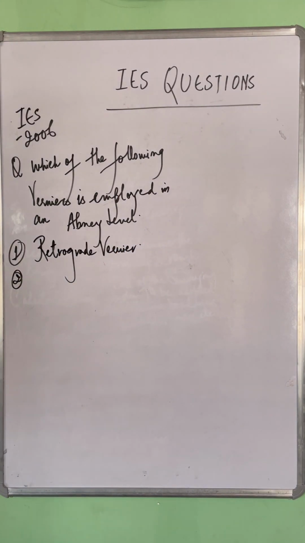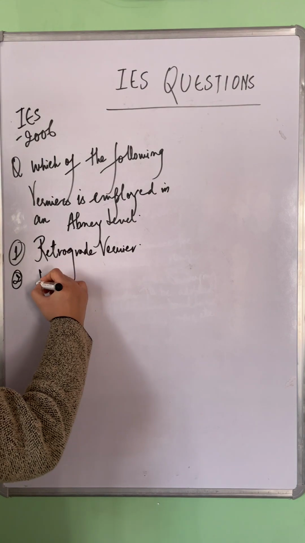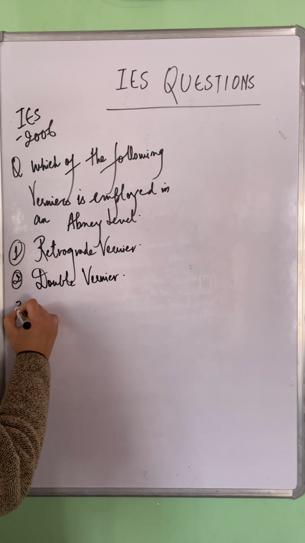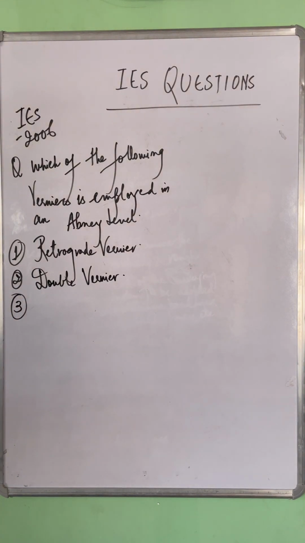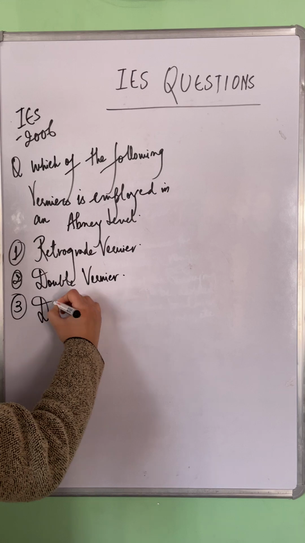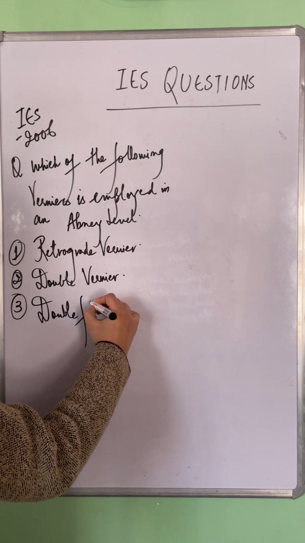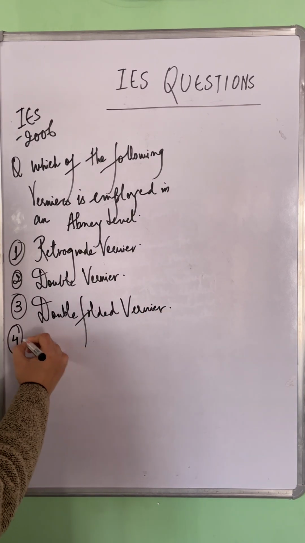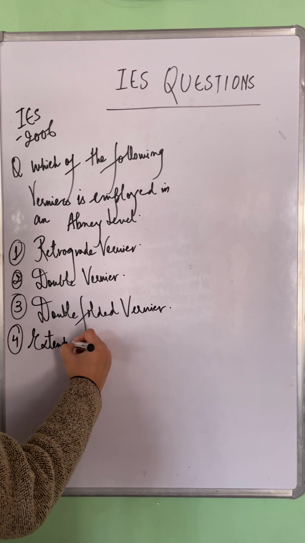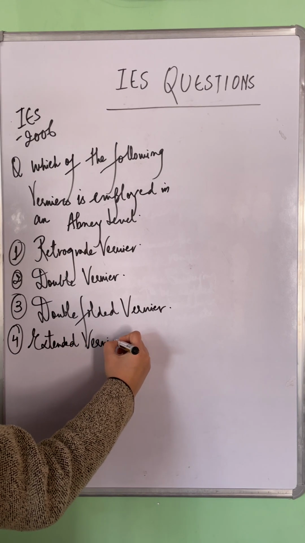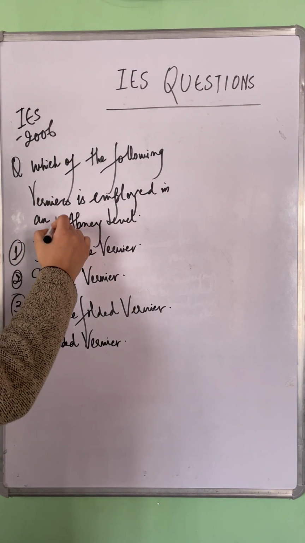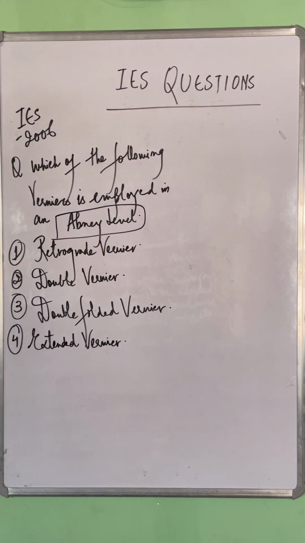Second option was double vernier. Third option was double folded vernier. And the fourth option was extended vernier. Right? Which of the following verniers is employed in an Abney level? Retrograde vernier, double folded vernier or extended vernier?